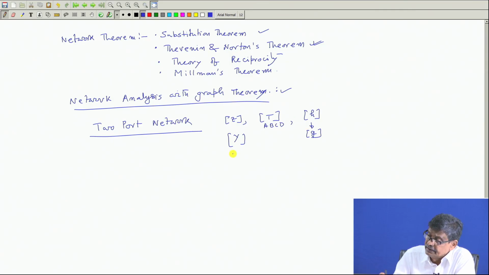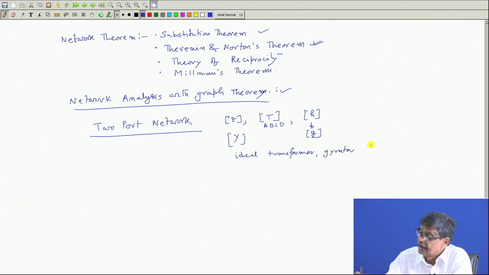Then we considered two important elements, one called the ideal transformer and the gyrator, as two-port networks.